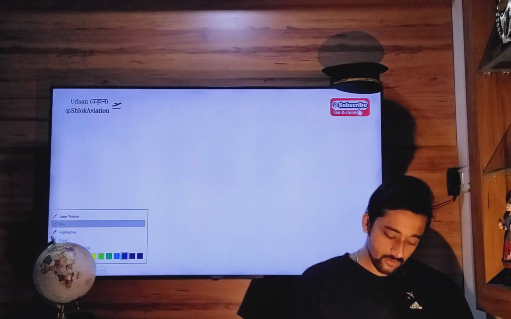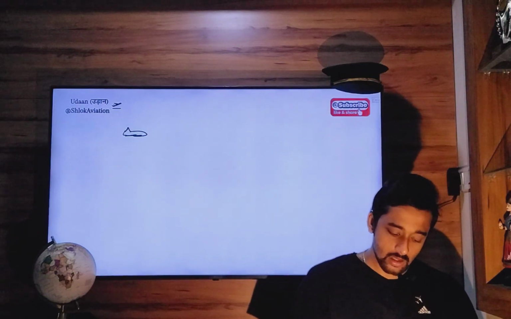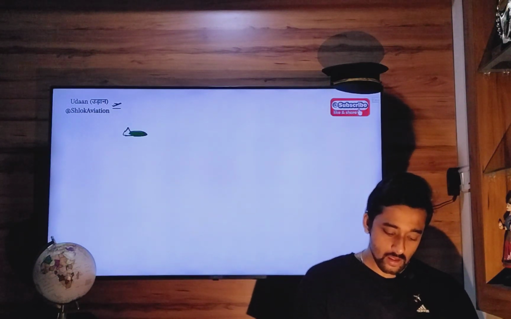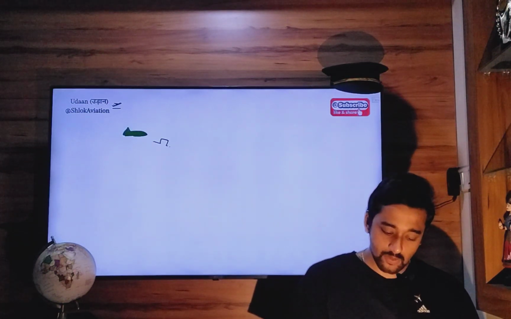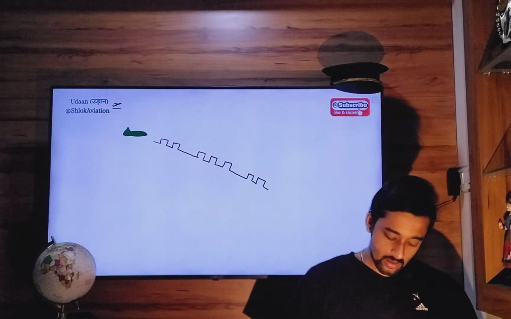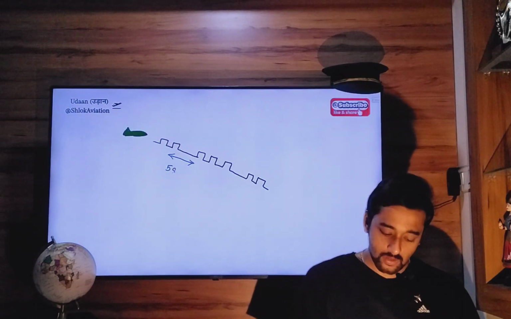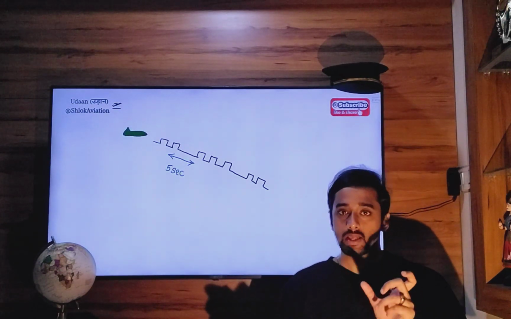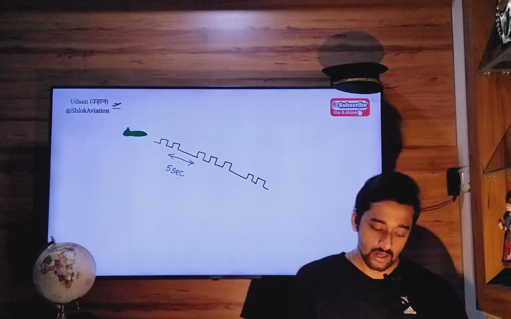In simple words, let's say there is aircraft 1 in the atmosphere. It will transmit pulses and the time interval between these pulses will be, let's say, 5 seconds. This time interval will exclusively belong to aircraft number 1.